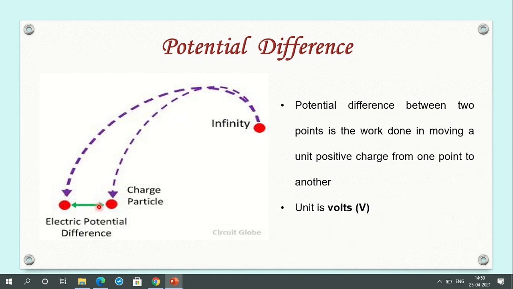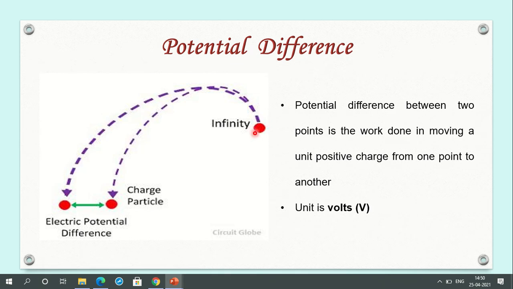We already know both these points have a potential. If a charge is at infinity, we have to do work to bring this charge from infinity to this point, and that work is the potential of this point.